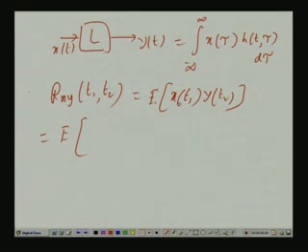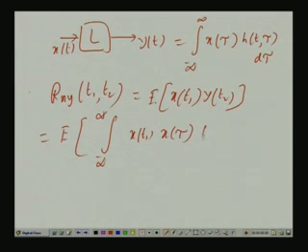So, we bring that x(t1) within the integral, and now expected value can be brought inside, because expected value of summation is summation of the expected values. h is deterministic. So, E will work only on x(t1) into x(tau).